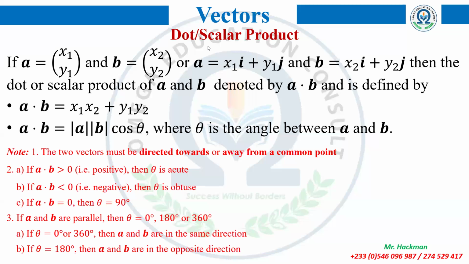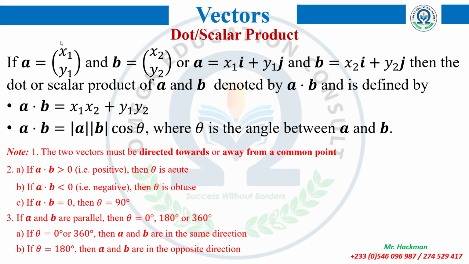So the dot product of two vectors gives you not a vector, but a scalar. When you add vectors, you get a vector. When you subtract vectors, you get a vector. When you multiply a vector by a scalar, you get a vector. However, when you multiply two vectors in terms of the dot, you are going to get a scalar, not a vector.